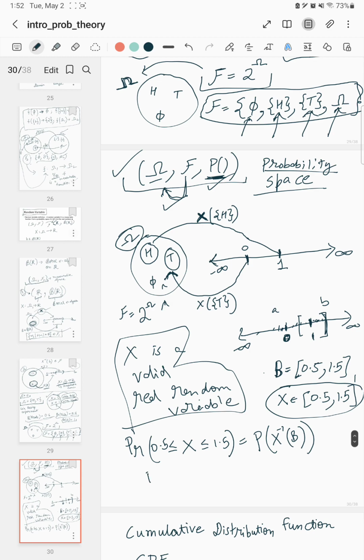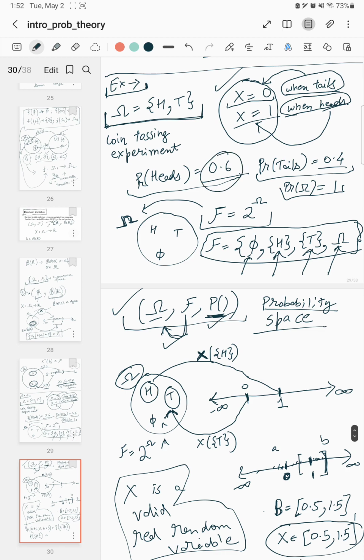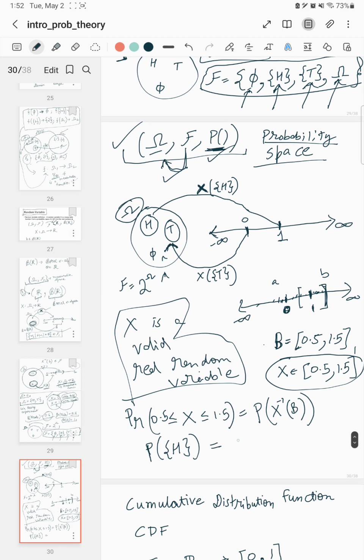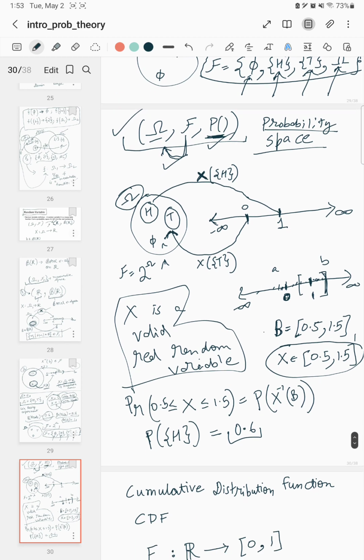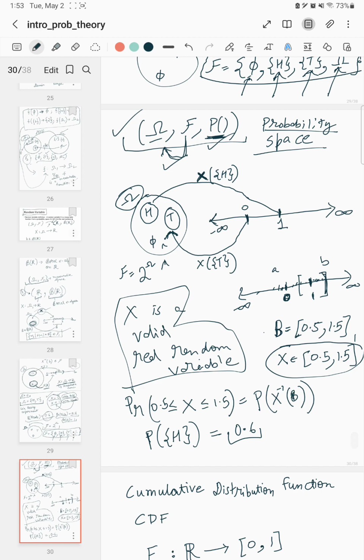So this is the probability measure of heads, which, as we had seen earlier, since it's an unfair coin, is 0.6. So if someone asks you the probability of x lying between 0.5 and 1.5, where the random variable x is defined as above, we can easily take the pre-image of it in our original sample space omega and then use the probability measure to calculate this probability, and it turns out to be 0.6.